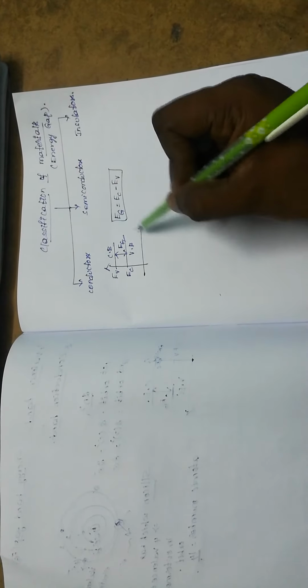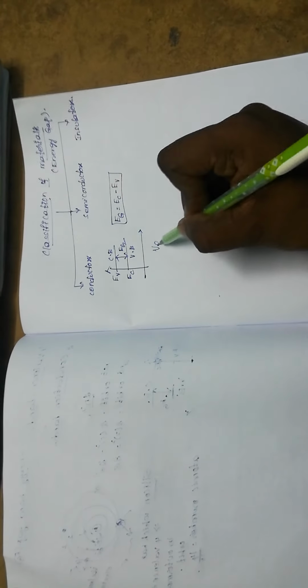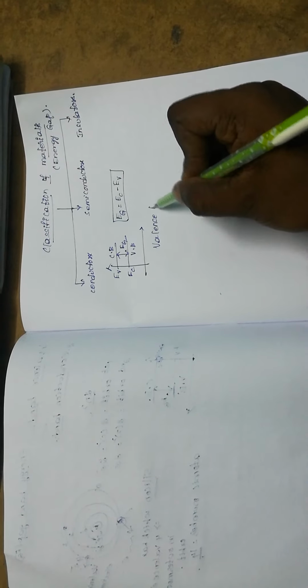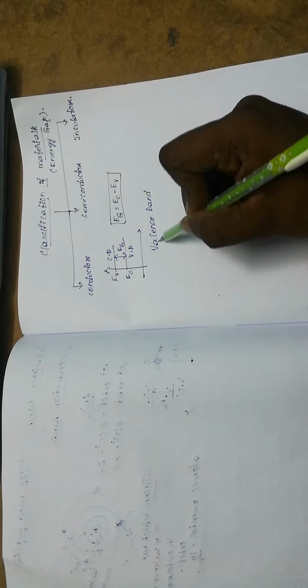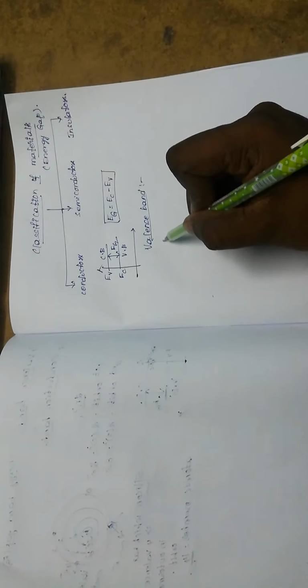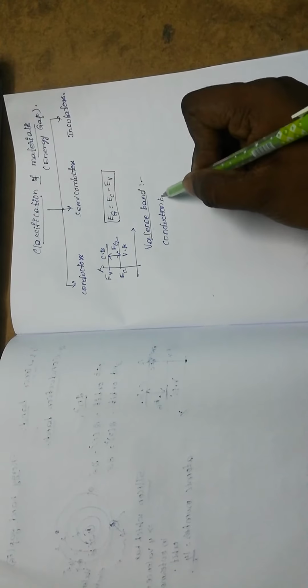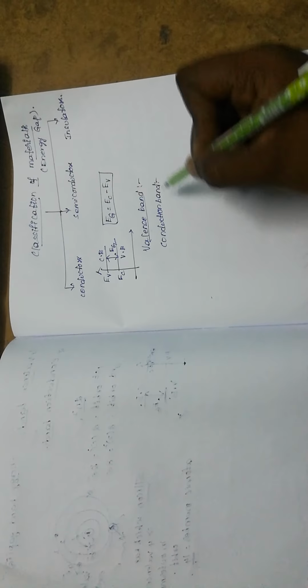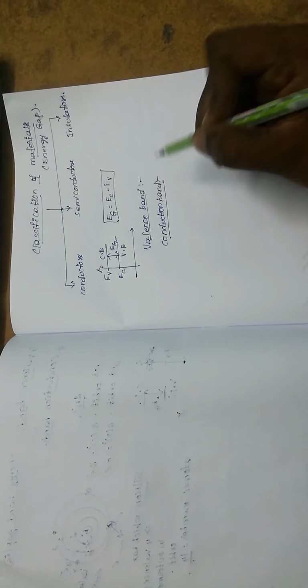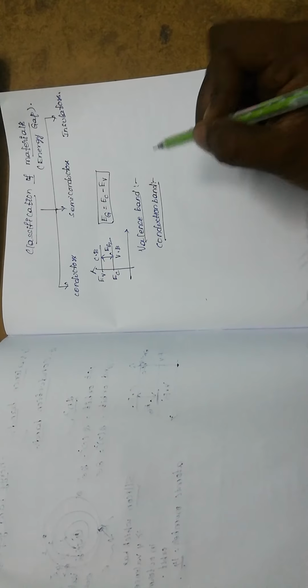What is meant by valence band? The valence band is nothing but the energy levels which are associated with valence electrons. Similarly, what is meant by conduction band? The energy levels which are associated with conduction electrons or free electrons are called the conduction band.